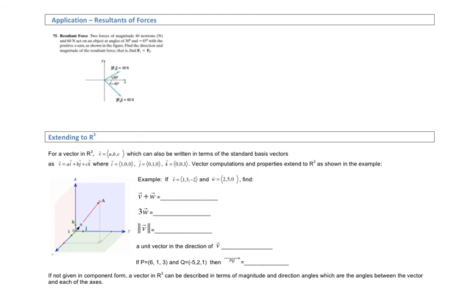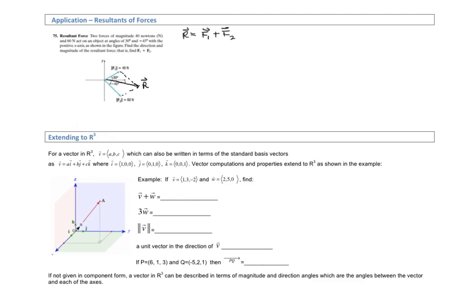Okay, so in this example, we're being asked to find the resultant of these two vectors. If I just use my sketching idea and draw the parallelogram, the resultant of those two looks roughly like that. It's a good idea to draw that picture, so I know what I'm expecting to happen. So what they're asking us to do is take the sum of those vector forces.